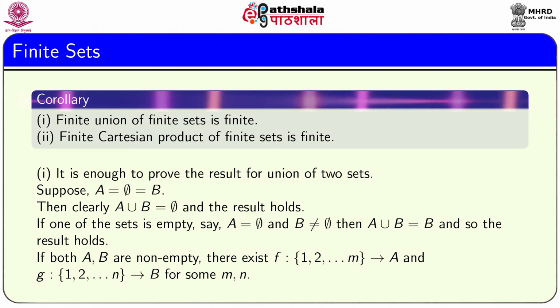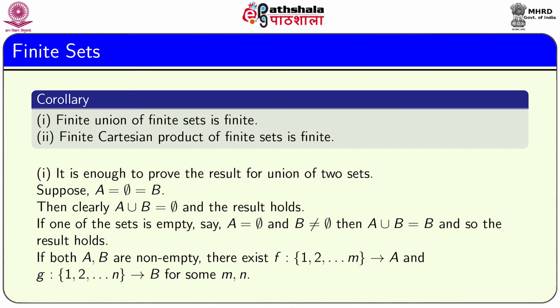If either A is empty and B is non-empty, or B is empty but A is non-empty, then A union B is equal to B, or A union B is equal to A. So, in that case also the result holds.